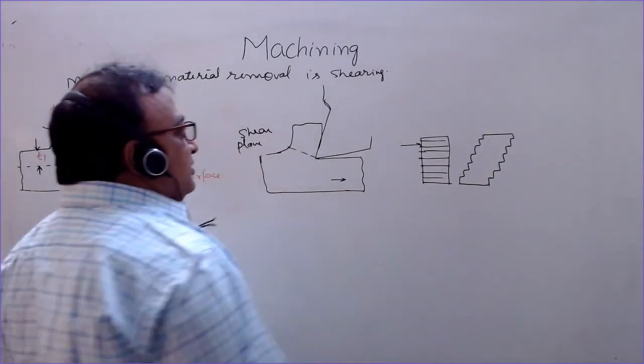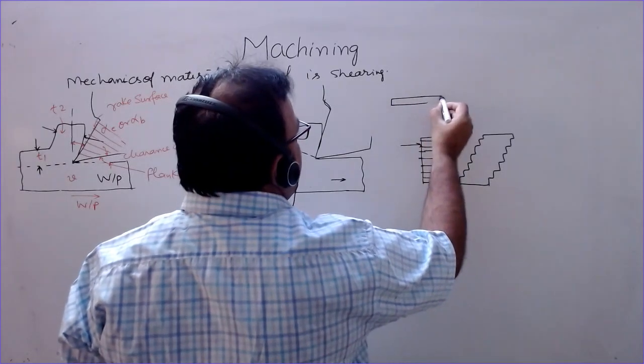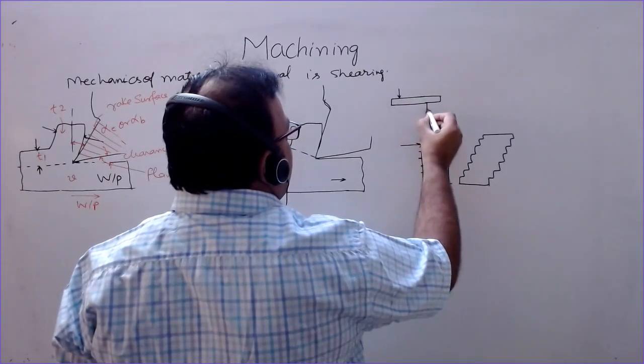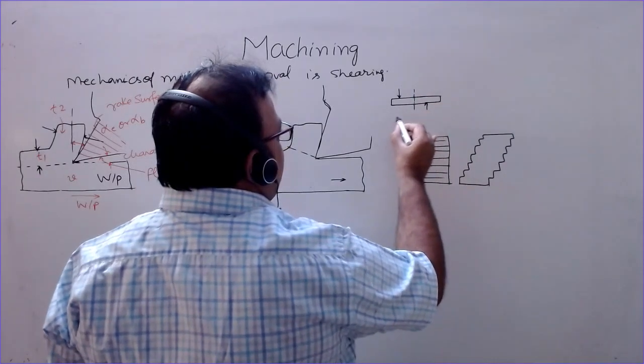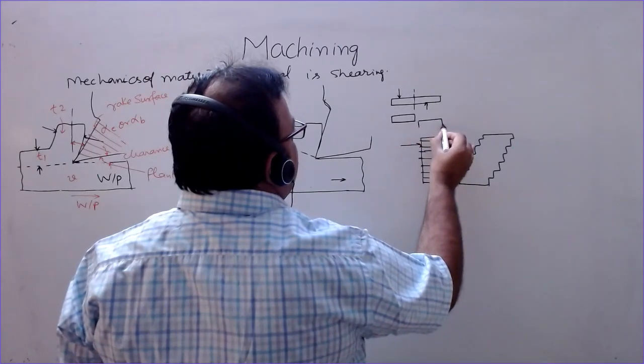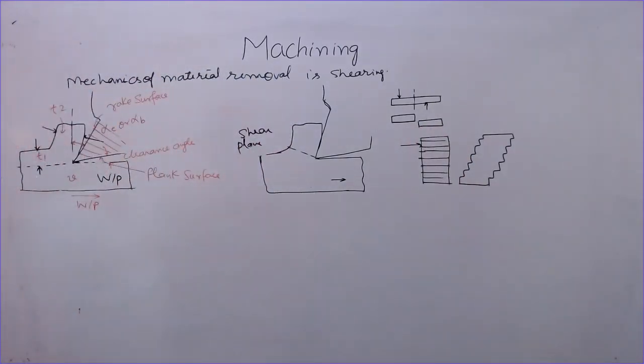Shearing is nothing but slipping of a body with respect to other. Suppose this is a body like a beam and a force is acting here, and here the resultant force. So it will shear along any plane so that two new surfaces are produced, shearing. Similarly, if you cut a paper with scissors or with hand, you are shearing it.